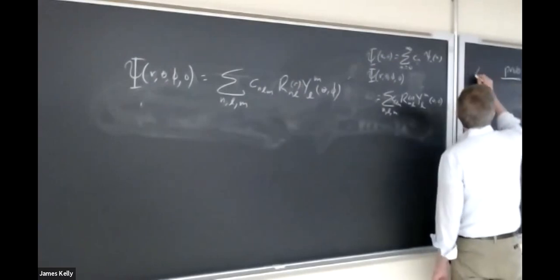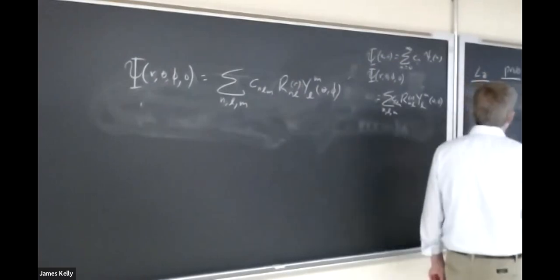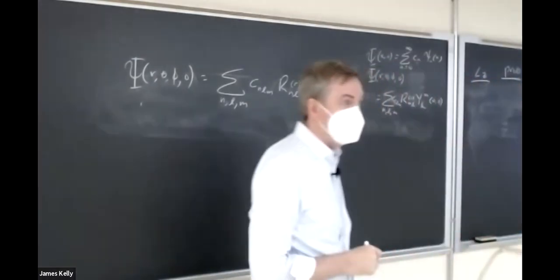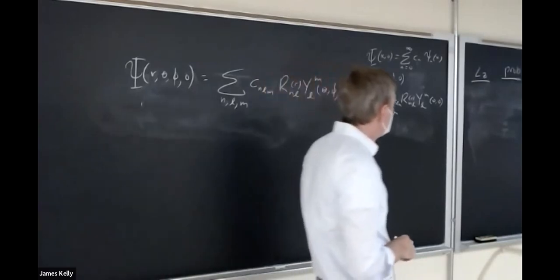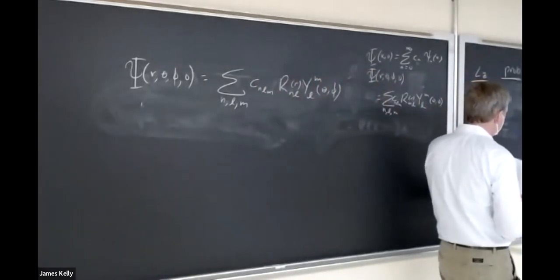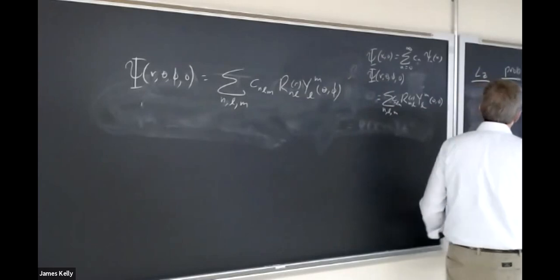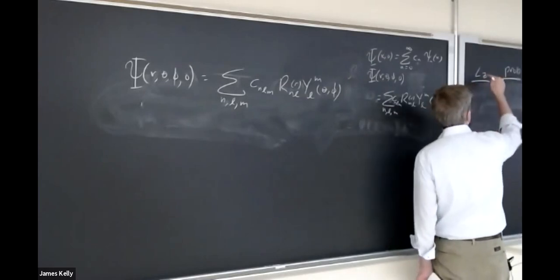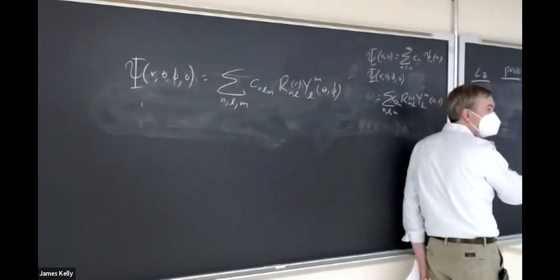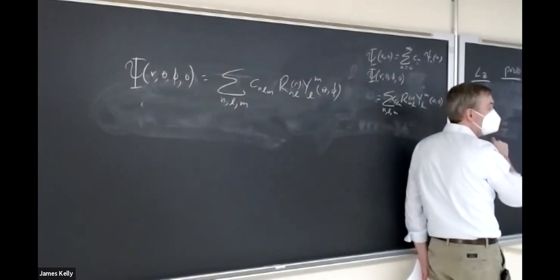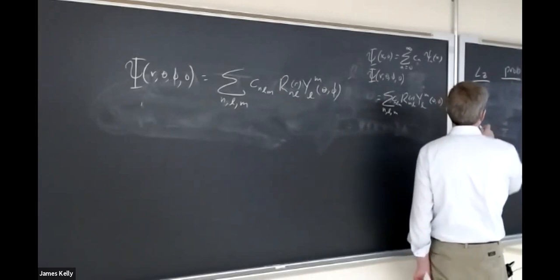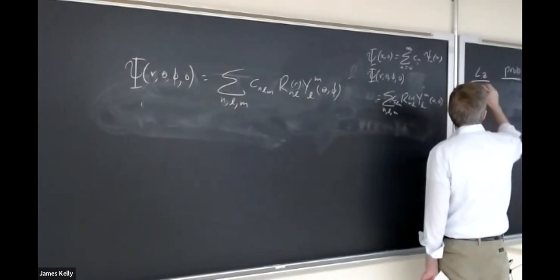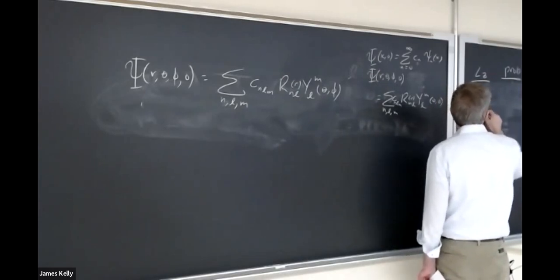Okay, what are the allowed values of L_z if we're in this state? What are the non-zero probability values? Right, m equals 0 or m equals 1. And what does that mean in terms of actual values of L_z? Yeah, 0 h bar or 1 h bar, right? It's m h bar that are the allowed L_z values. So we have 0 h bar or 1 h bar.